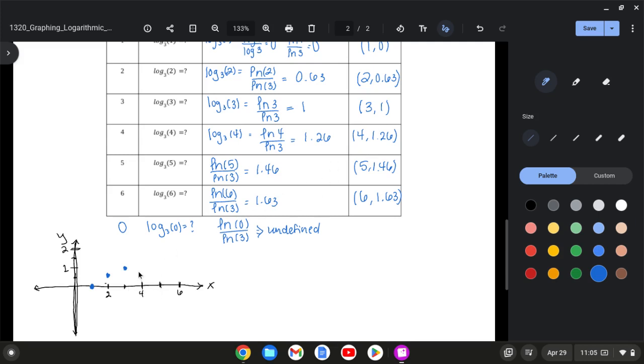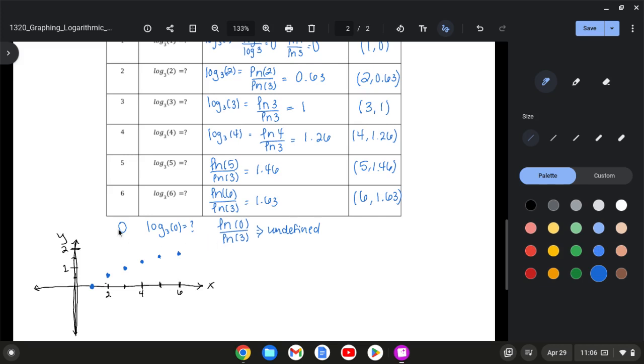So right 4 up 1.26, so about halfway between the 1 and the 1.5 marker. Then we have 5, 1.46, so right 5 up just a little below the 1.5 mark. And then we have 6, 1.63, and so right 6 up just a little bit above that half mark.